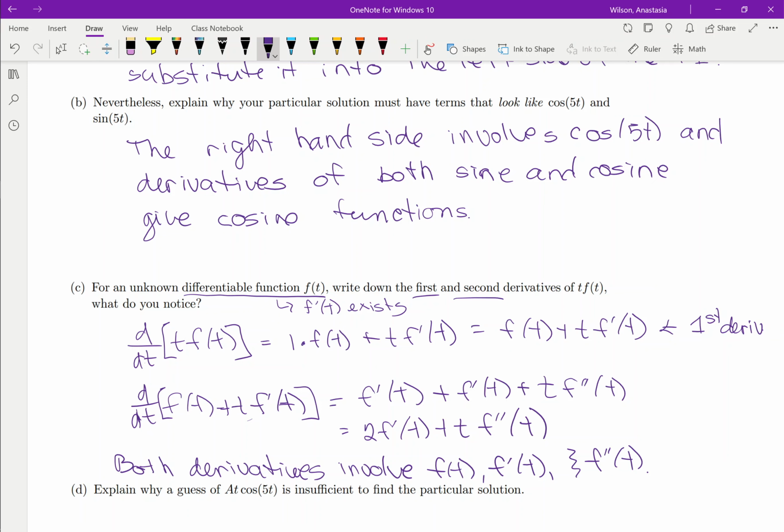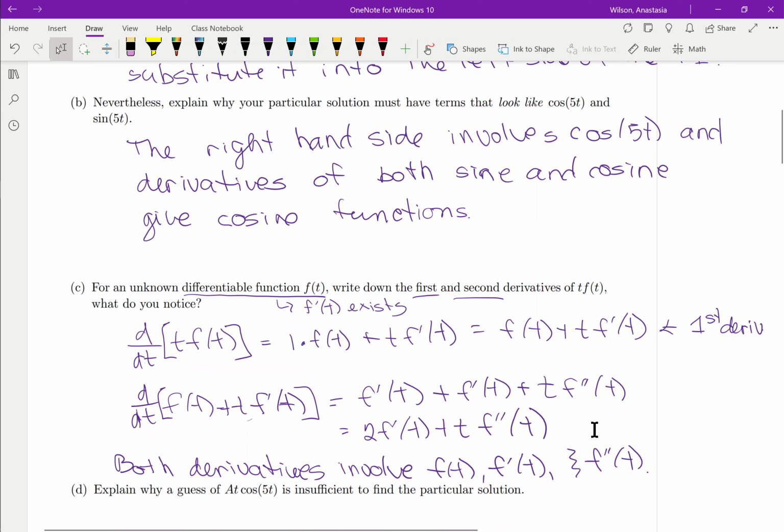And the reason why that's important here is because, think back to our answer to part B, we are wanting to choose something for a particular solution so that the derivatives involve what's on the right-hand side. Well, if we choose t times a function that's on the right-hand side, the derivatives will involve the function on the right-hand side, its derivative, and its second derivative.